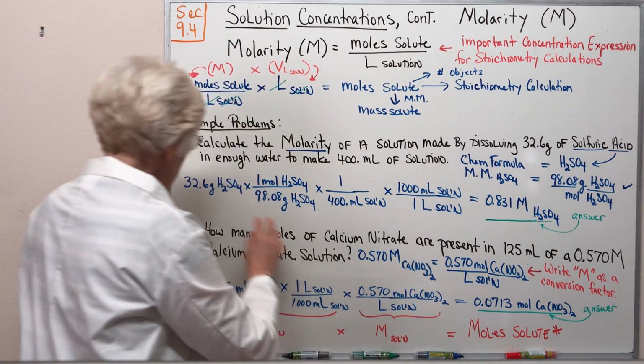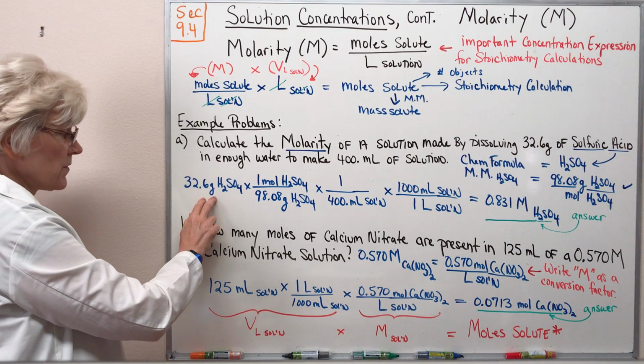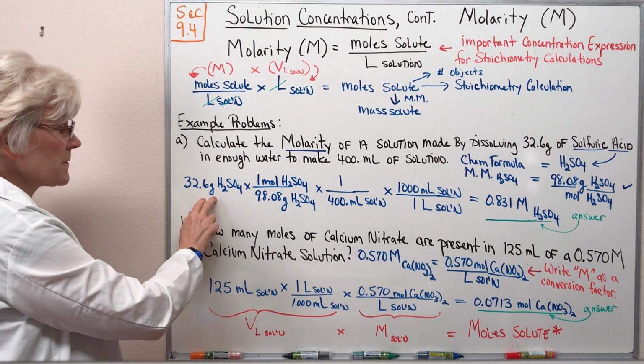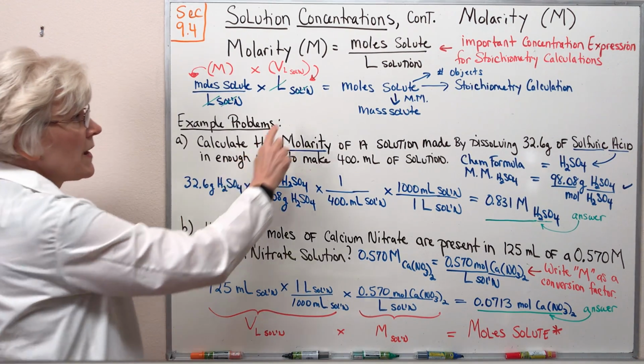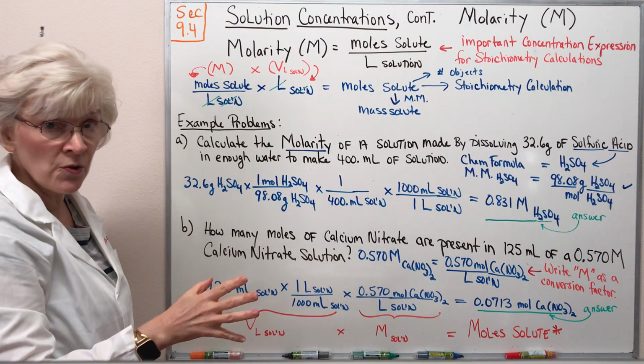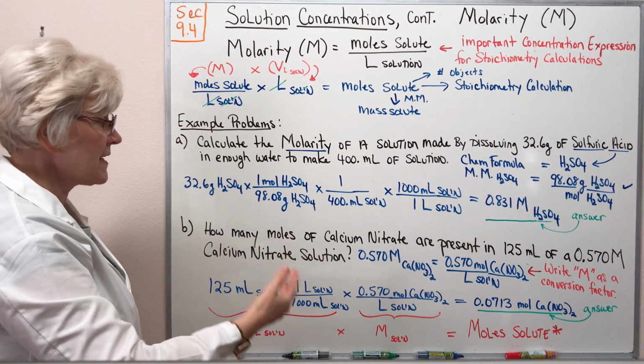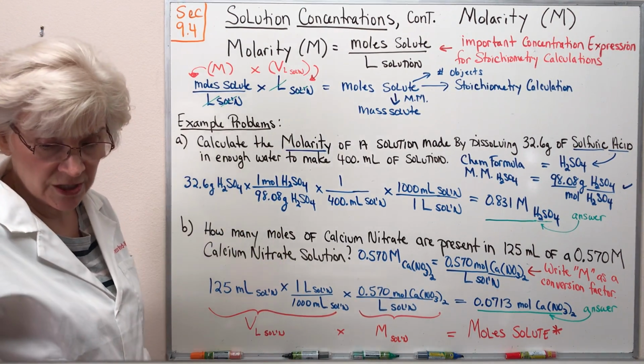And now let's see how the dimensional analysis works to be able to calculate the molarity. So here is our mass of sulfuric acid, the 32.6 grams. We need to take that gram amount and convert it into moles, part of what is needed for that molarity calculation.